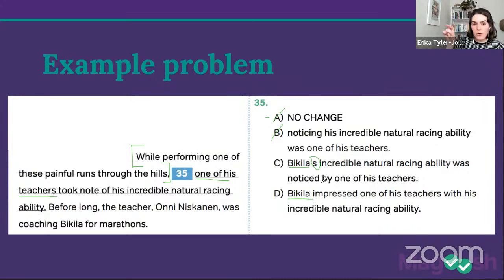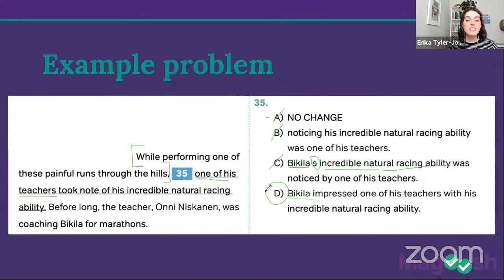Remember when we cut out "crew of Rexes" because it was descriptive? Bakila's is descriptive. It's describing incredible natural racing ability. So here, it's not Bakila who's running through the hills. It's Bakila's incredible natural racing ability that's running through the hills. So his ability is running? That doesn't make sense. I want Bakila, the person, to be running. So C is gone. The correct answer is D.